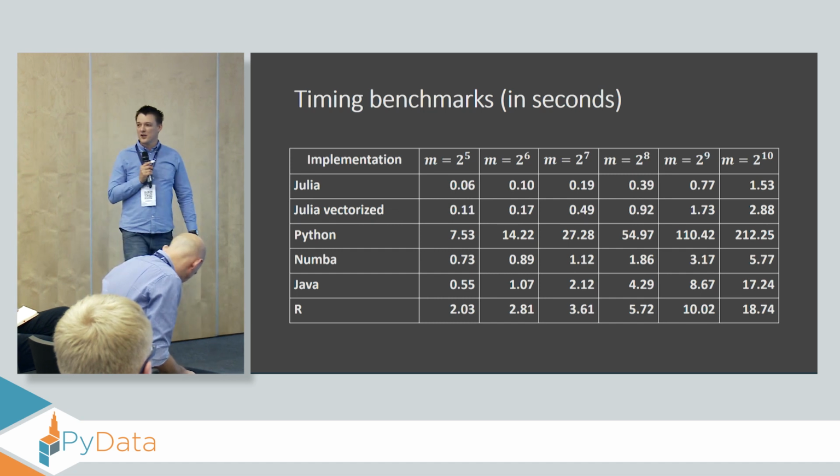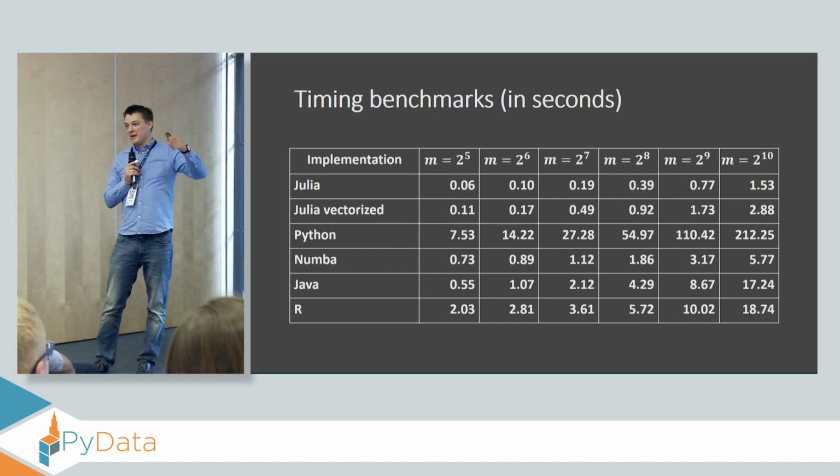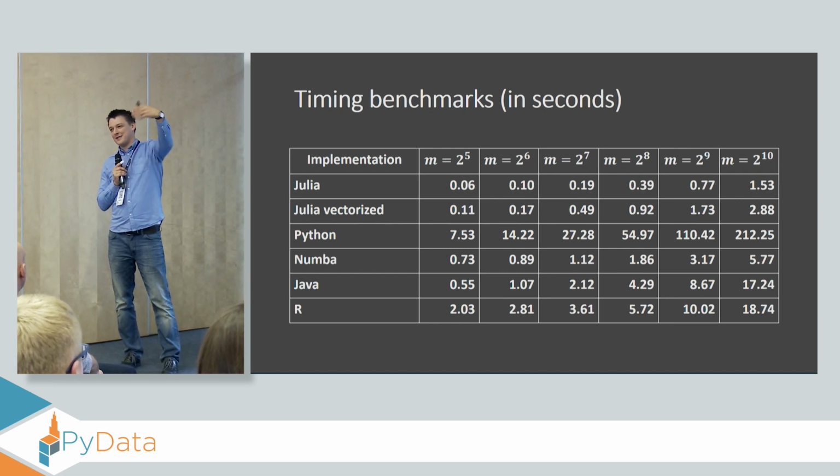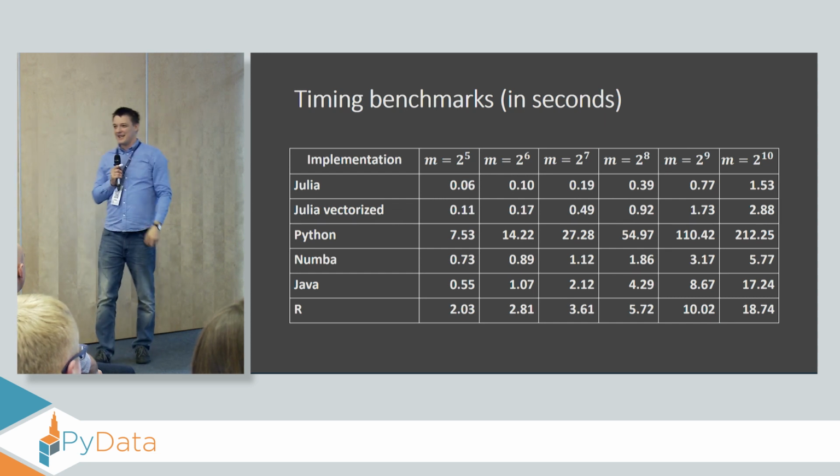And actually, if you go to the Julia language website, I don't have internet on, but on the first splash page, you will see a benchmark that answers exactly the same question.